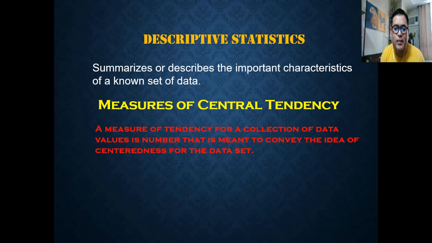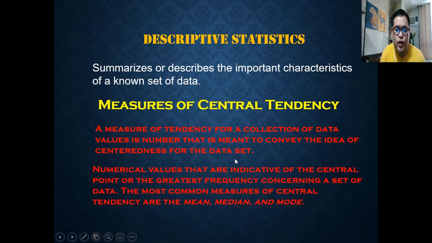It is a number that is meant to convey the idea of centeredness for the data set, numerical values that are indicative of the central point or the greatest frequency concerning a set of data. The most common measures of central tendency are the mean, the median, and the mode.